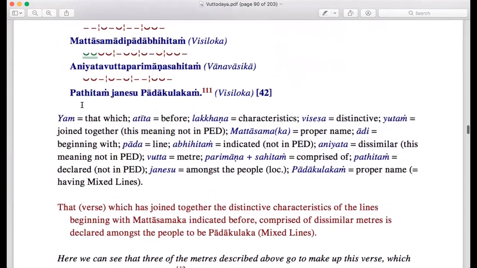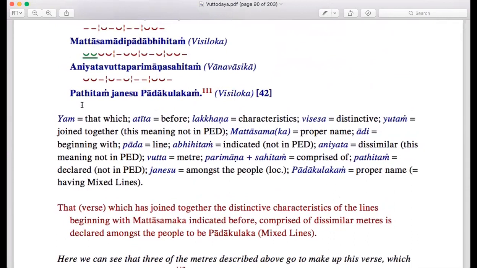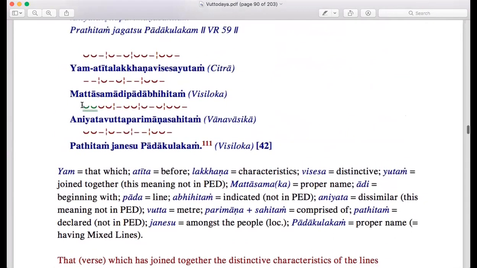Pada Akulaka, the verse which has mixed lines. So don't worry about that long sentence. The meaning is that if you mix the lines we learned under the section called Matta Samaka, what we just finished, if those lines are combined together, mixed together, then that verse should be named Pādakulaka.